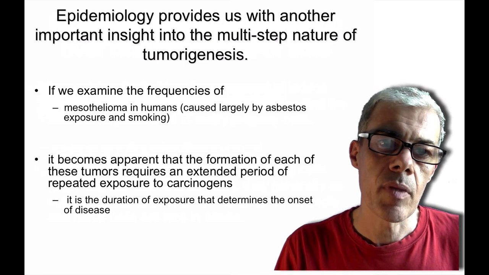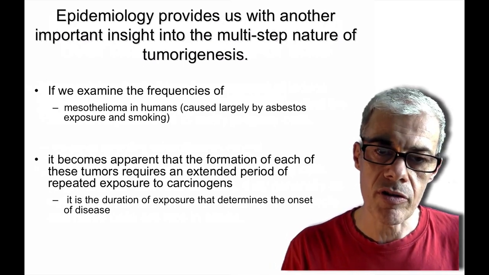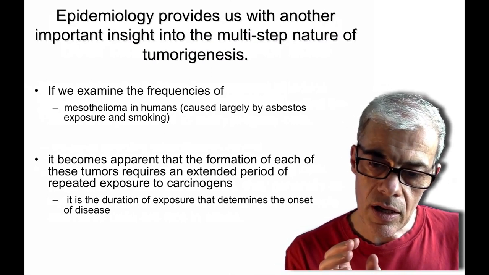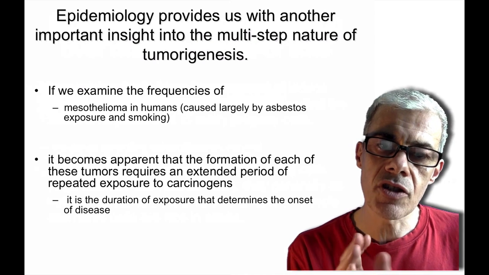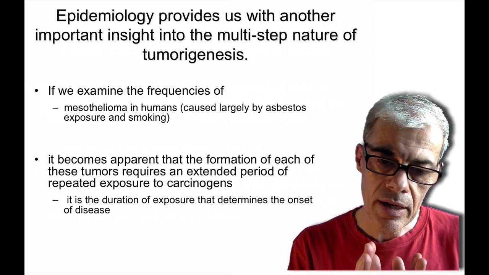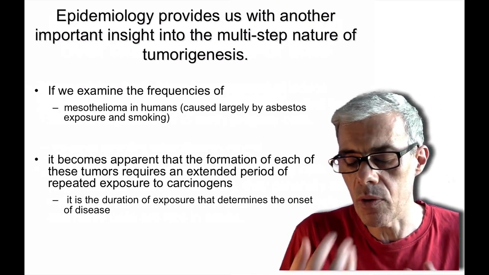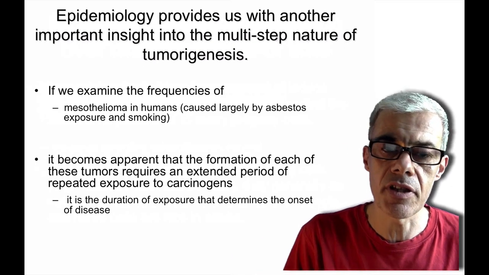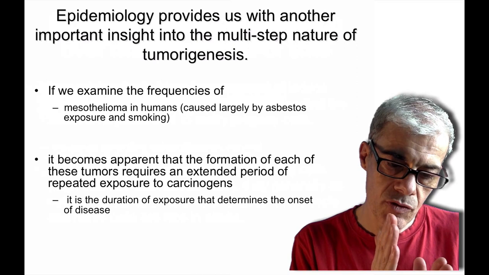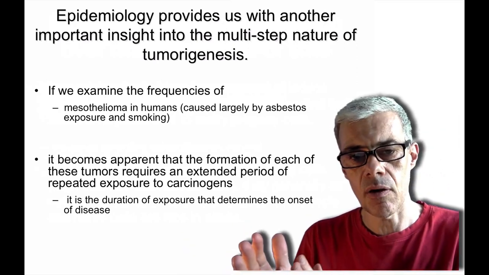Another important insight into the occurrence of tumors is that it's not simply related to age. If you're exposed to a chemical that modifies your DNA, such as smoking causing DNA damage, or sunlight causing DNA damage, then there's a period of time from this exposure and repeated exposures that leads to the onset of the disease.